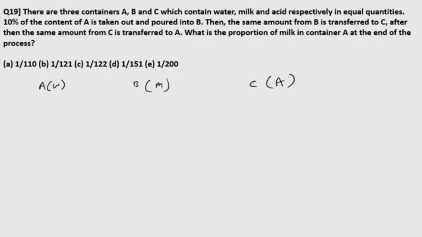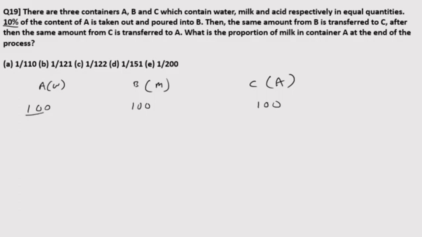As it is saying equal quantities, let me assume this part as 100, this as 100, this as 100. Why 100? Because it is saying 10%, so I am taking 100, just for the sake of calculation simplicity. Now 10% of content of A is taken out and poured into B. A has 100.